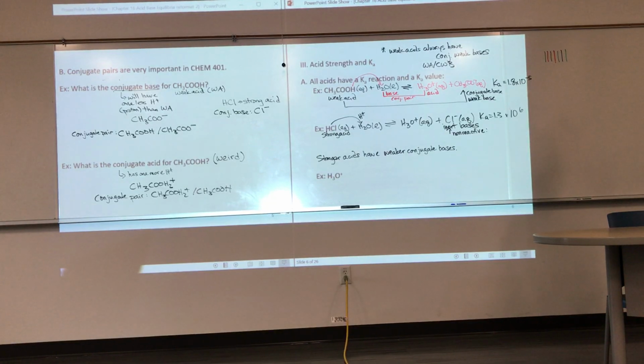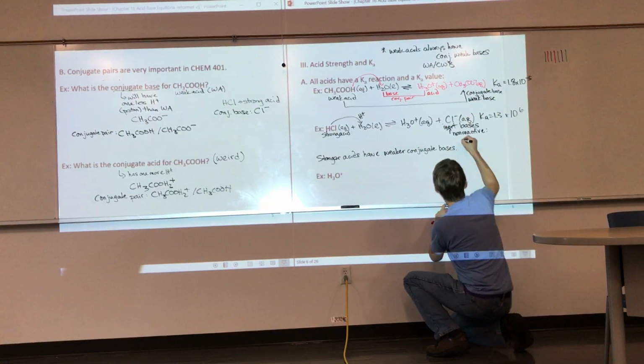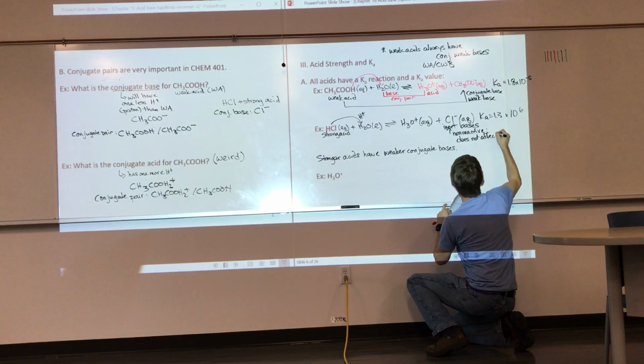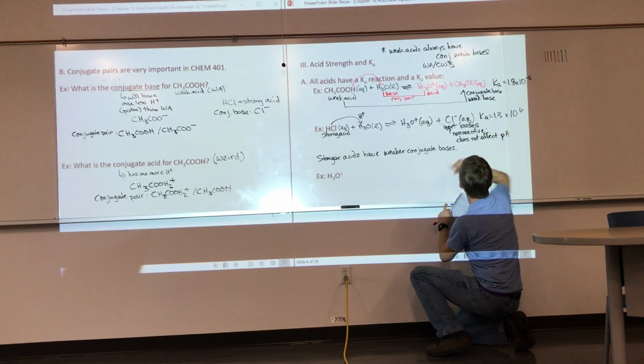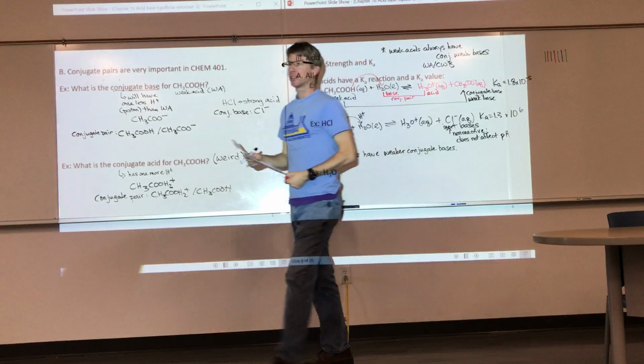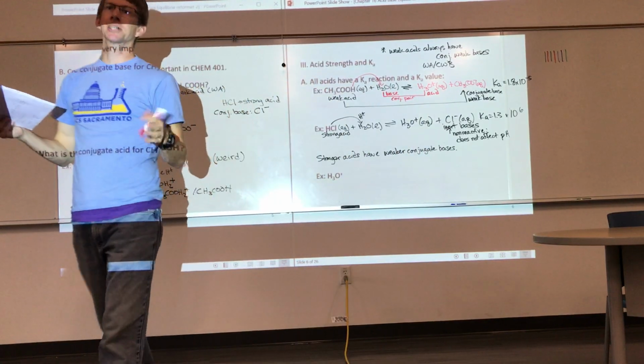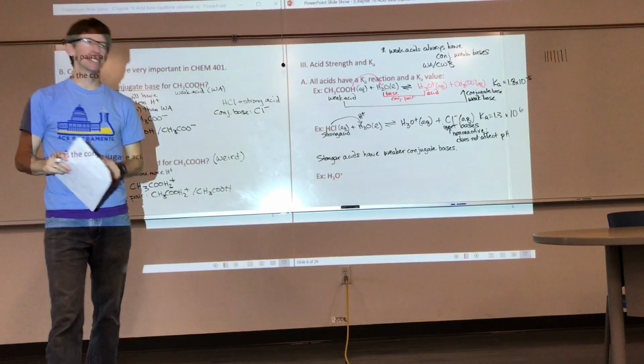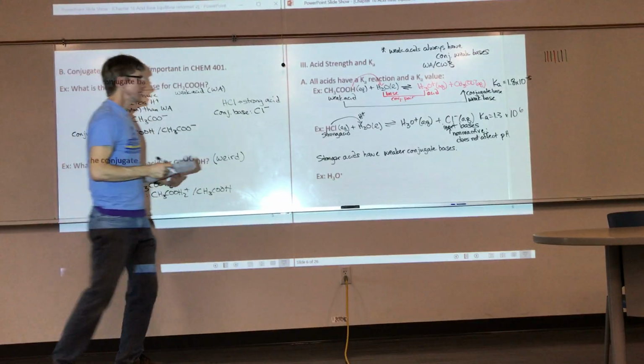Does not affect pH. And that's a lot of what we're doing with this talk about acids and bases, is figuring out what are the pHs of these solutions and how do we change them.